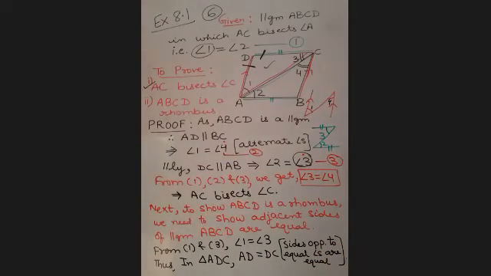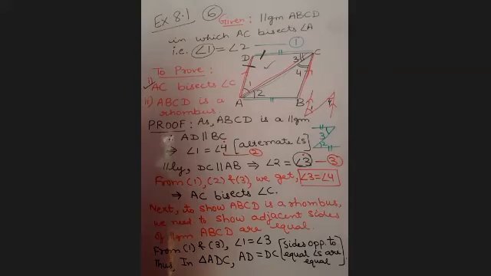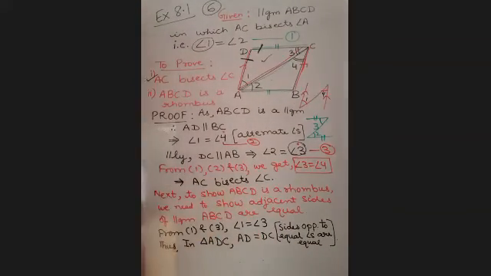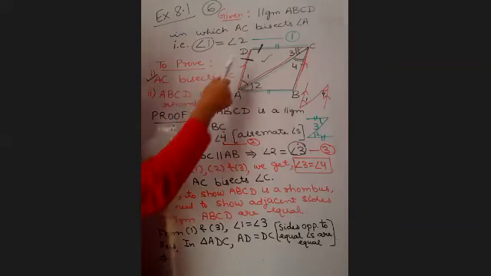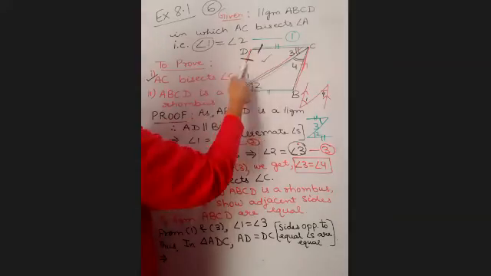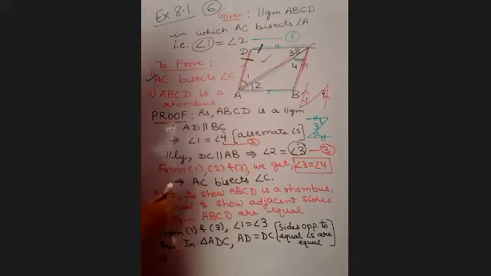So what does it become now? What does a rhombus become with equal adjacent sides? Can anyone tell? Rhombus. Ma'am, you also have to prove ma'am AB is equal to BC. No, beta, see, being a parallelogram, opposite sides are already equal.